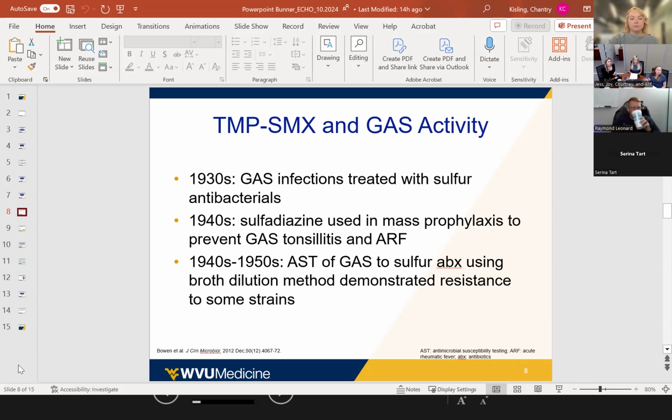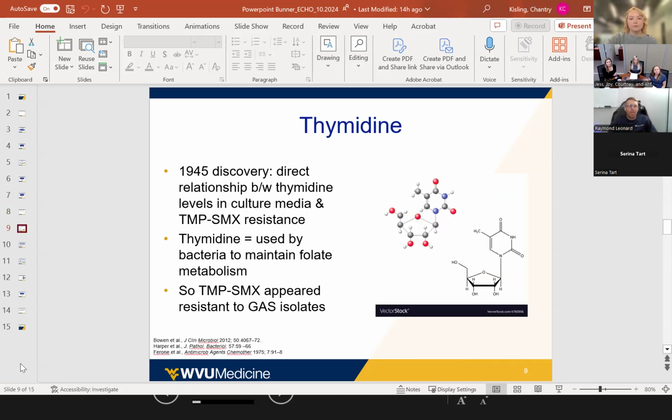But then they started to come out with some antimicrobial susceptibility testing of group A strep isolates to sulfur antibiotics using some broth dilution methods. And that did demonstrate some resistance in some strains, which led to the paucity of using Bactrim in group A strep infections after that. You can go to the next slide.